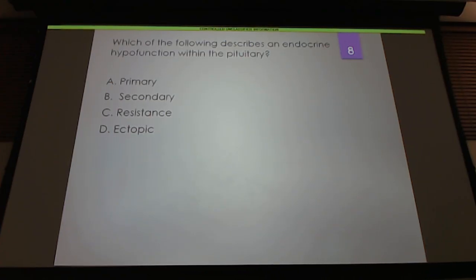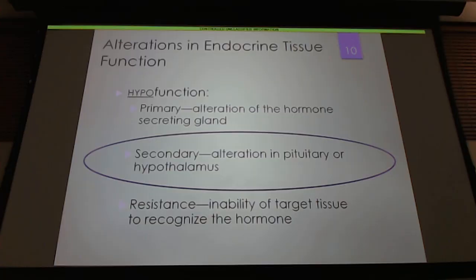Anyone for ectopic? Anyone for resistant? Remember resistance we talked about with DI, and then secondary. Secondary. So remember, the problem is in the pituitary. So whether it's secondary hyperfunction or secondary hypofunction, alteration in the pituitary or the hypothalamus is secondary.